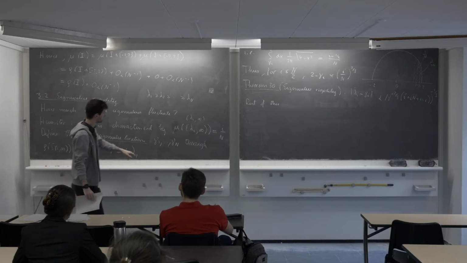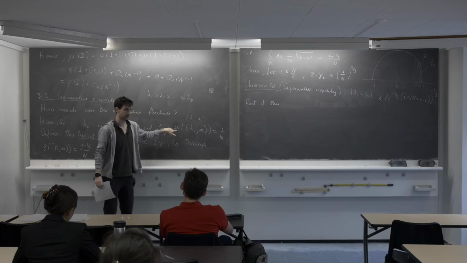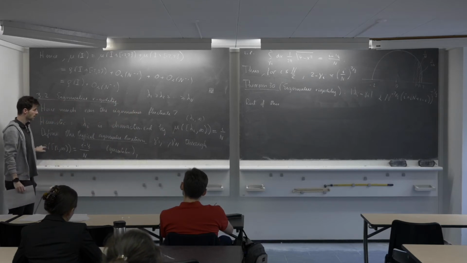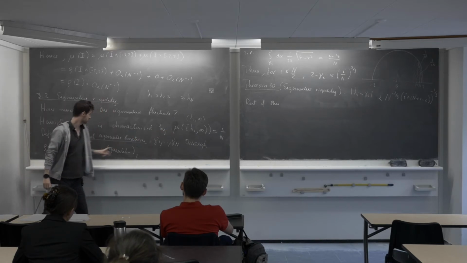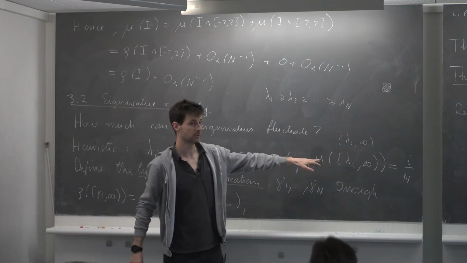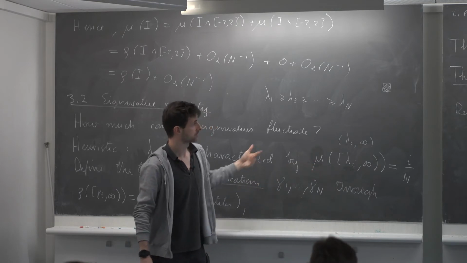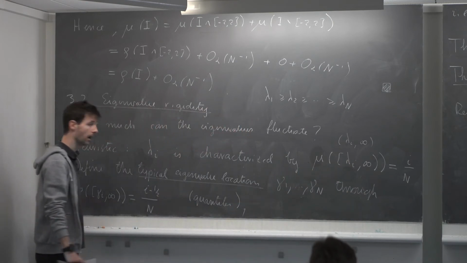The eigenvalues are characterized as quantiles of the measure mu. These gammas are characterized as quantiles of the measure rho. And now we can compare these two quantities. We know that the error between rho of such an interval and mu of such an interval is of order 1 over n, and that's the optimal bound. From that, we can then deduce information about the relative positions of lambda_i and gamma_i.